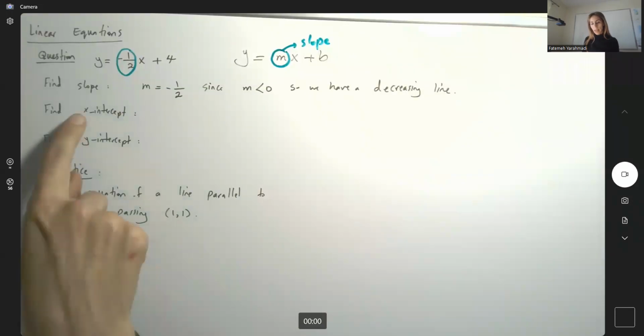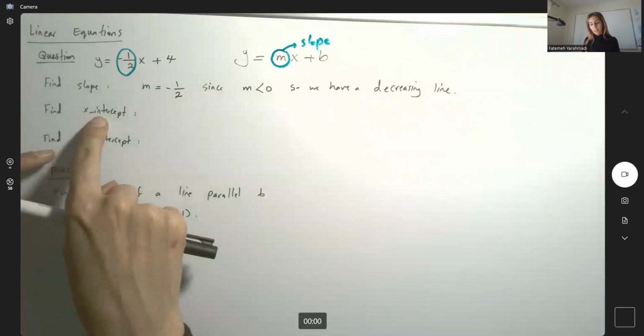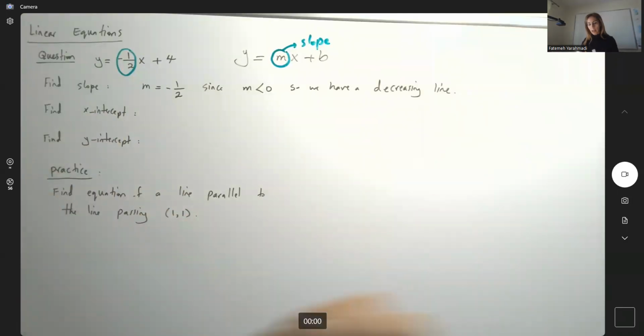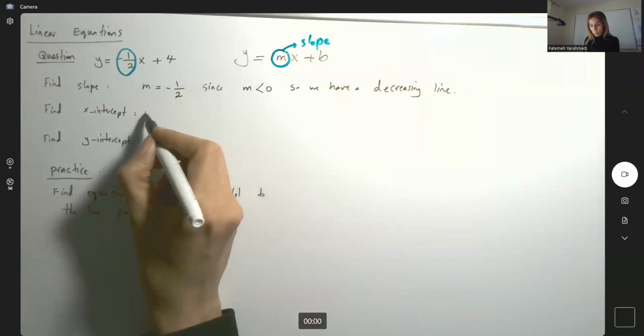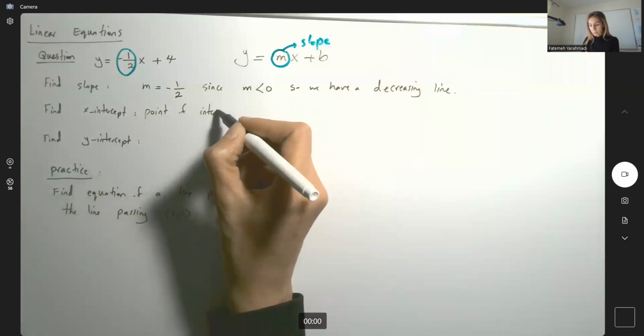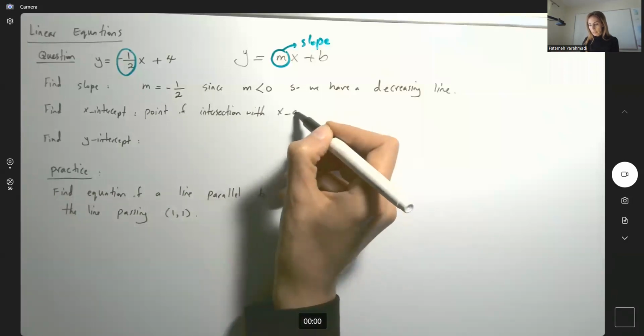So what is the x-intercept? First of all, the x-intercept is the point where the graph hits the x-axis, or the point of intersection with the x-axis.